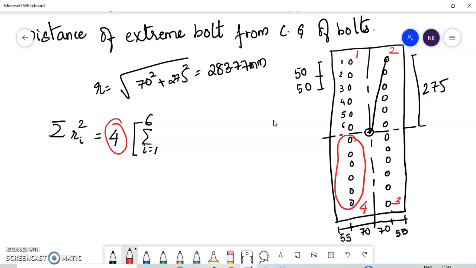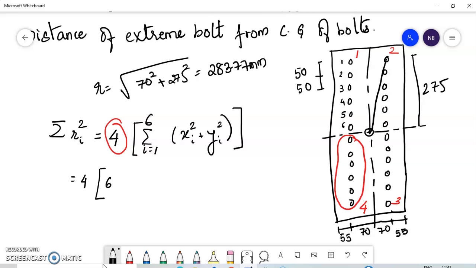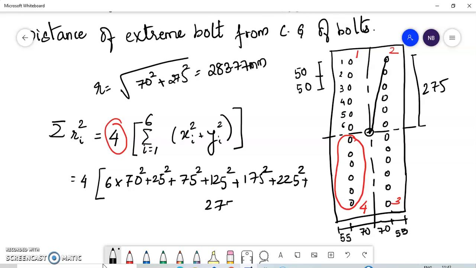So summation xi square plus yi square, we have 6 into 70 square plus 25 square plus 75 square plus 125 square plus 225 square plus 275 square. This works out to be 832600 mm square.